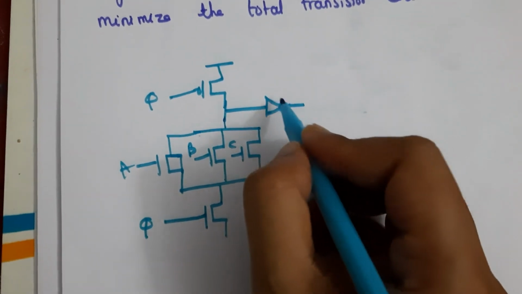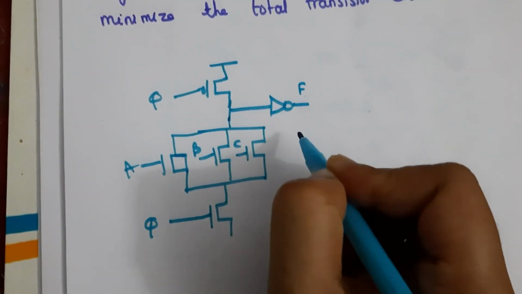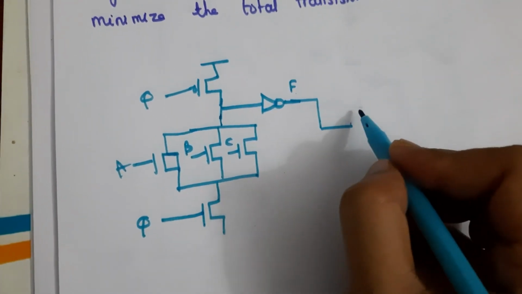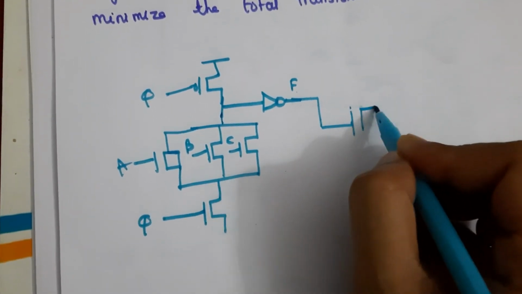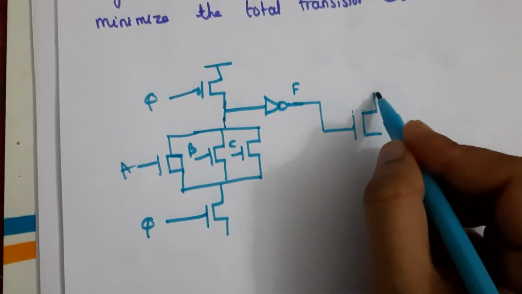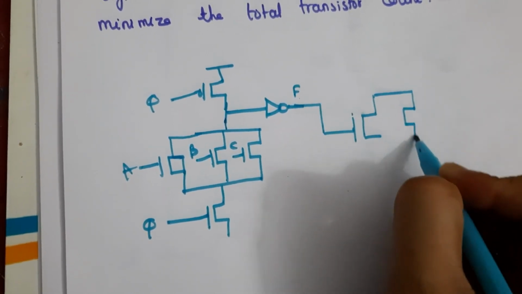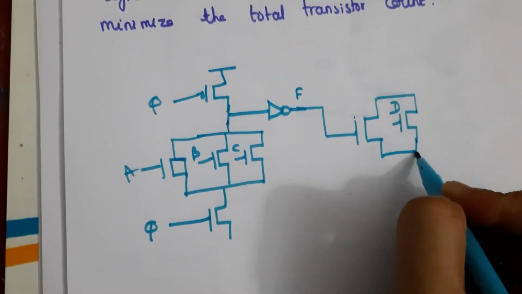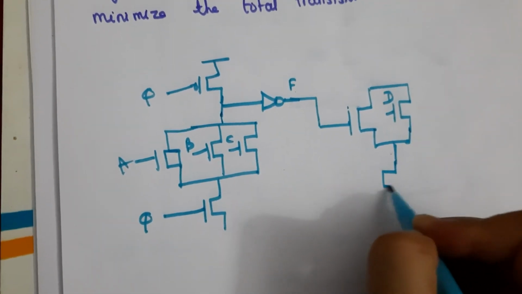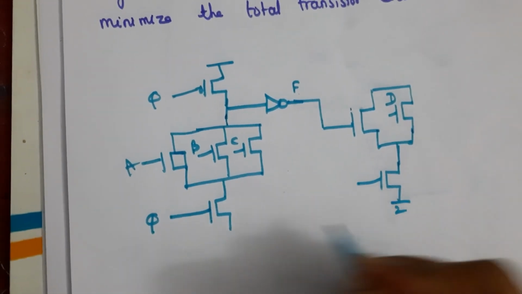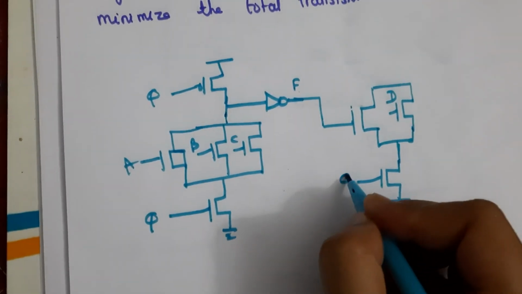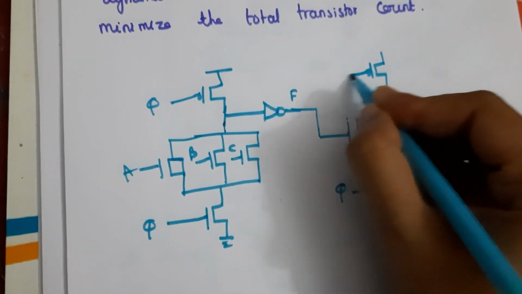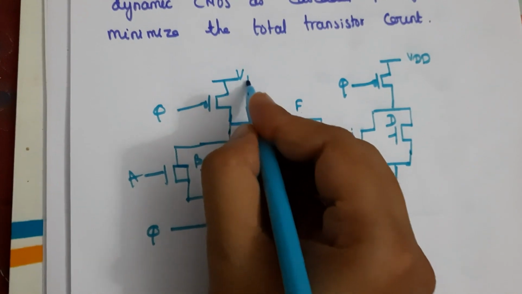Using domino logic we will get F here, and the same F is given to one of the inputs, which is connected in parallel with D. This is connected to another evaluate transistor, which is grounded, and the clock is given here, and another PMOS is connected to VDD.